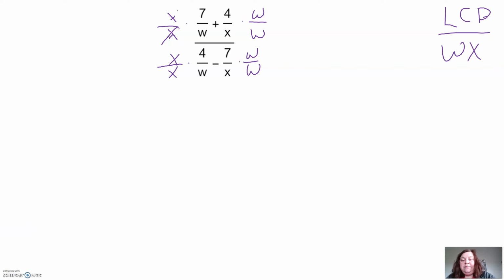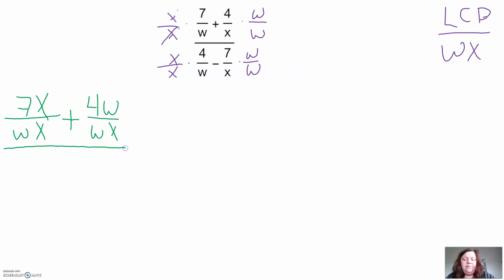So x times 7, 7x, and that'll be over wx. 4 times w, 4w, over wx. x over x times 4 over w would be 4x over wx. Then my minus sign. 7 over x times w over w would be 7w over wx.